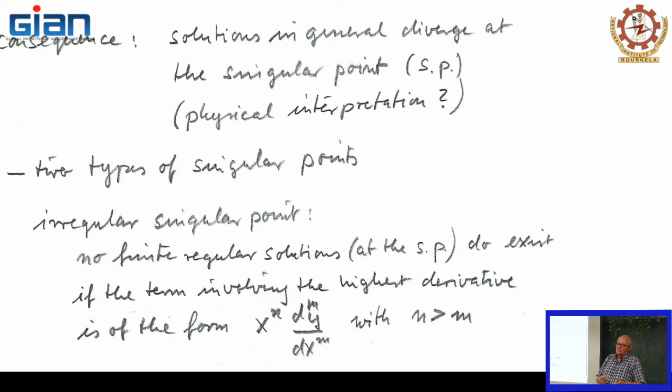Of course, for physical reasons, we would not like to have an irregular singular point, otherwise we would always have solutions which diverge, which we cannot interpret. For regular singular points, for physical reasons, we would then have to select those solutions of the equation which have a regular or non-diverging behavior.